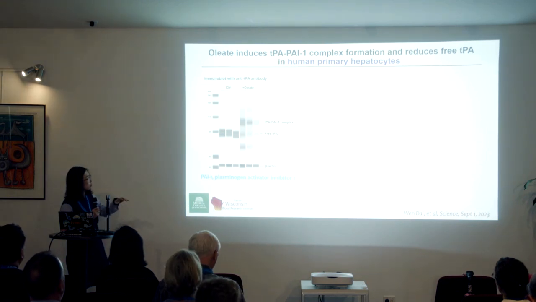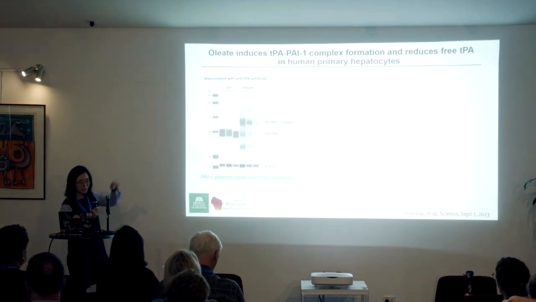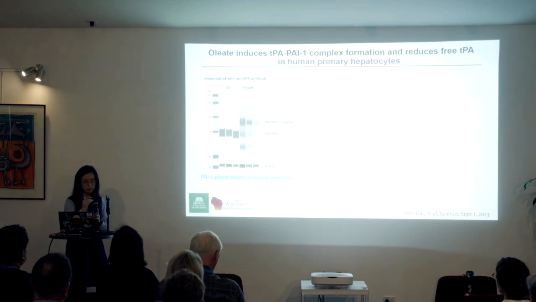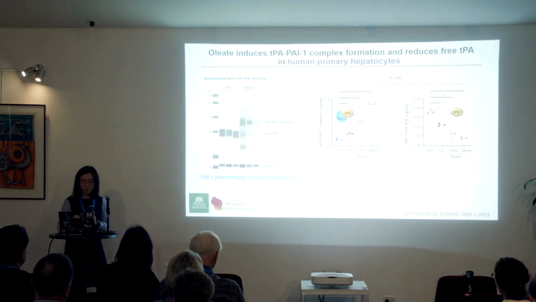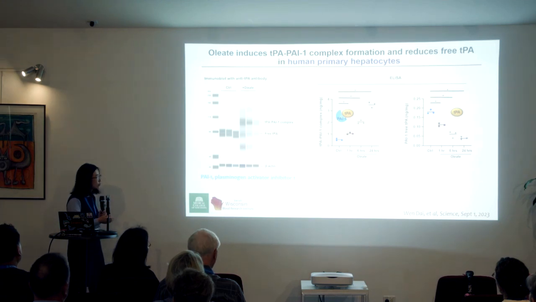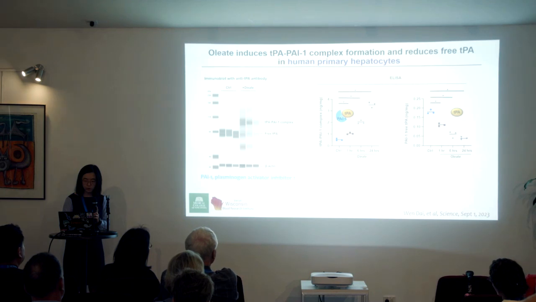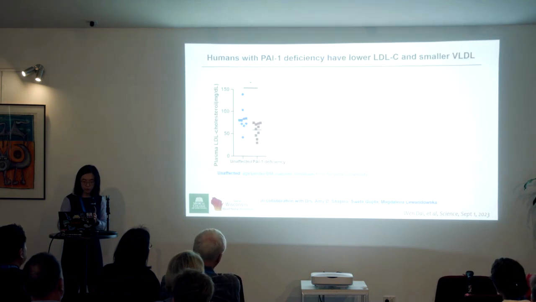So after loading the oleate to the human primary hepatocyte, you can see the TPA's molecular weight shifted from the free TPA size to a larger size. And we believe that the larger size is the TPA PAI-1 complex. This is also confirmed by the ELISA showing that after oleate treatment, the TPA PAI-1 complex is increased while the free TPA is reduced.